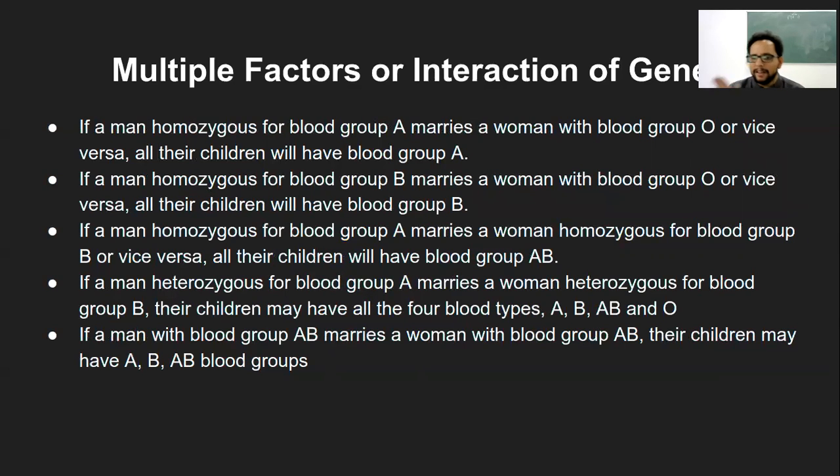Now to simplify things, we always say that the gene coding for IA will lead to blood group A. That is true. But that statement has too many assumptions behind it, that the expression is allowed to happen when it is in combination with others.